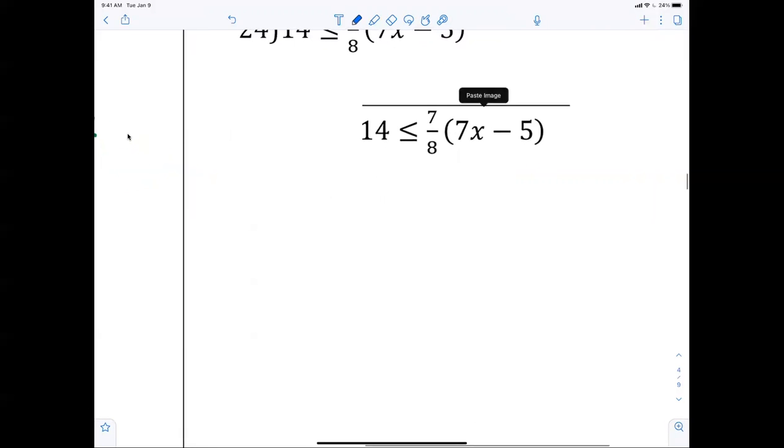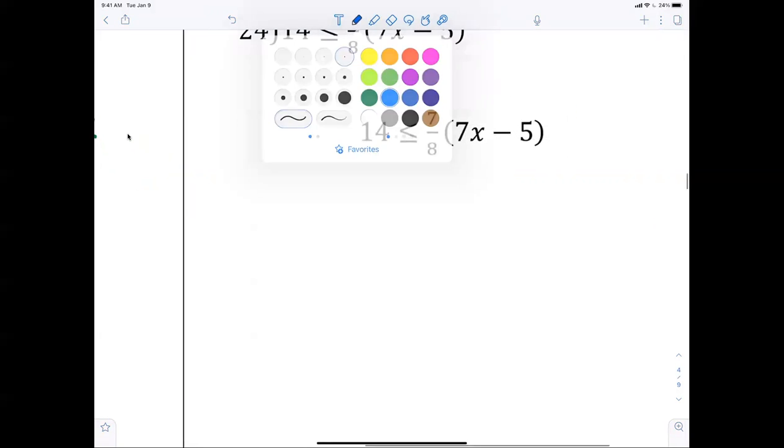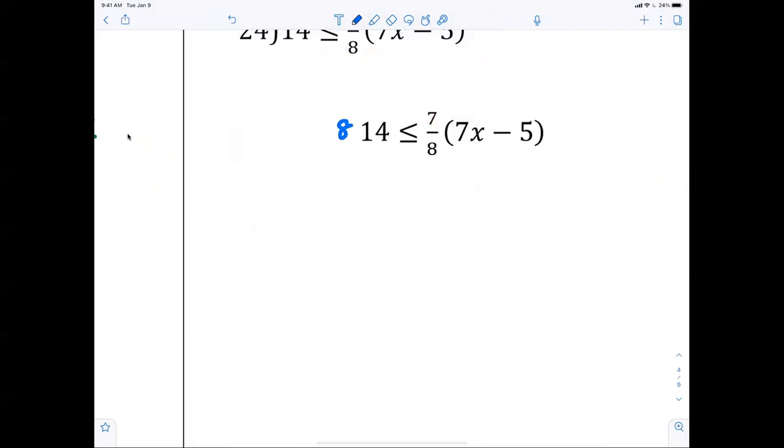So I'm just going to multiply by the reciprocal. When I do that, I'm putting over here 8/7, right? These guys cancel. So what's 8/7 times 14? 16, less than or equal to 7x minus 5.